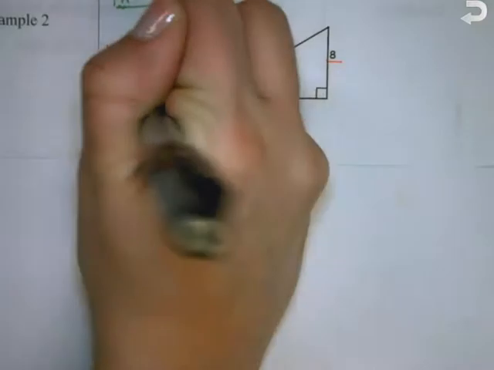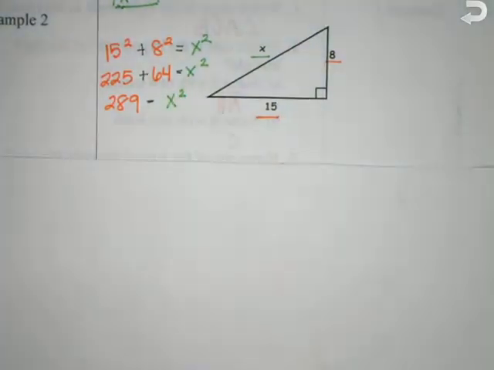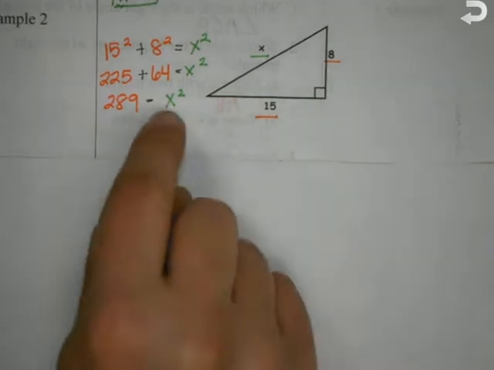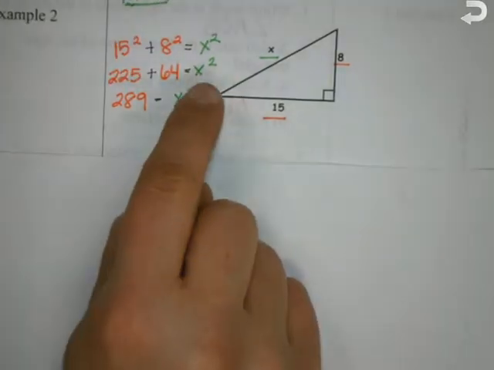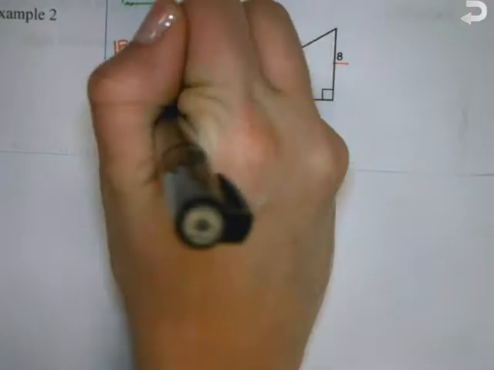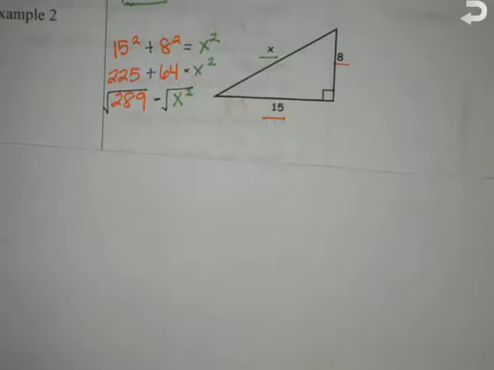Okay, now, is x by itself yet? No, it's x squared still, right? How do I get rid of that square? Take the square root. Okay, now that square root and that squared are going to cancel each other out because they're opposites.